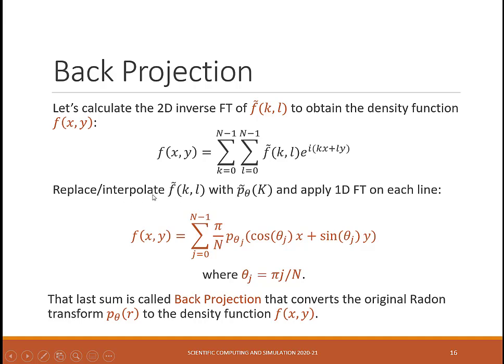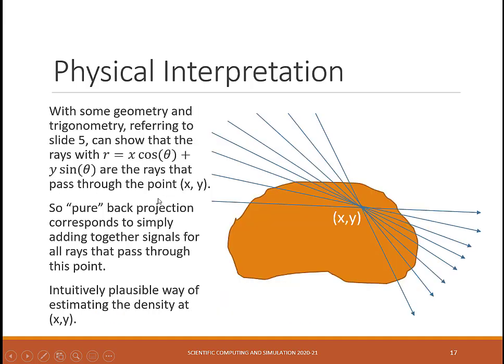But the proof is out of the scope of this module. This slide graphically presents back projection. In fact, back projection obtains the density of an image by adding together signals for all rays that pass through a given point x and y with different theta angles.